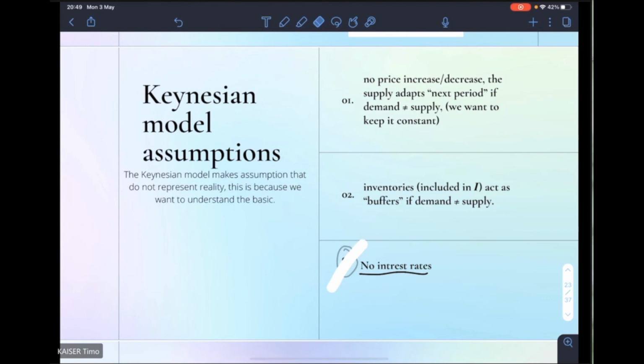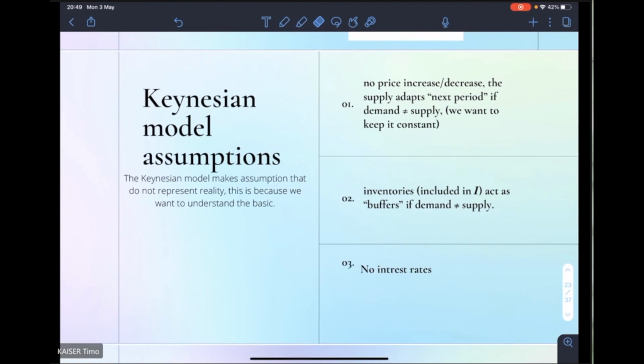I asked him the same thing I asked him about assumptions in general, like what do we need to know for them? And actually, the only way he could answer me, because he couldn't say you don't need to know, is that it could be theory questions where he asks about the assumptions, like which one is true, which one is not true. However, inventories per se won't be asked one-to-one, I guess. I don't think he will go so much into detail.